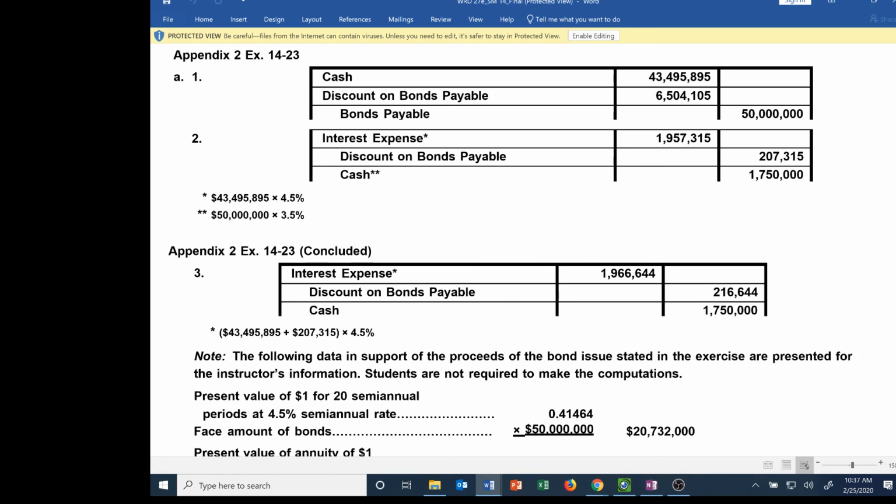So you'll want to copy down the headings. From 6A, you want to copy down the headings for a premium on page 699.